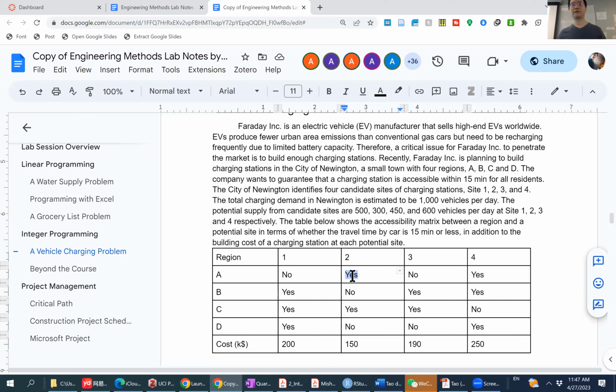Then afterwards, we are going to solve it together and see whether you have most of the steps correct or not.